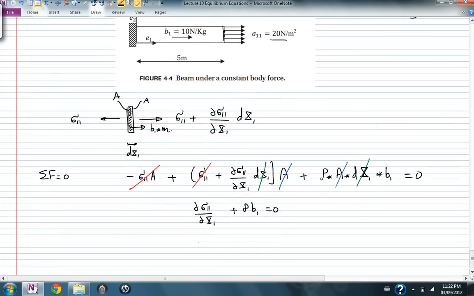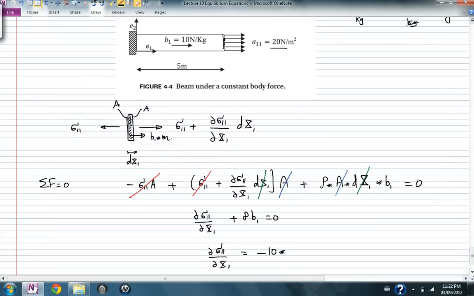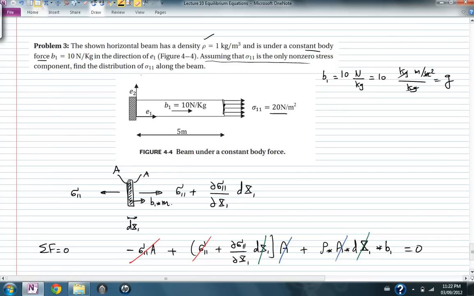So partial sigma 1 1 by partial x1 equal to negative 10 multiplied by rho, and rho is given as 1.